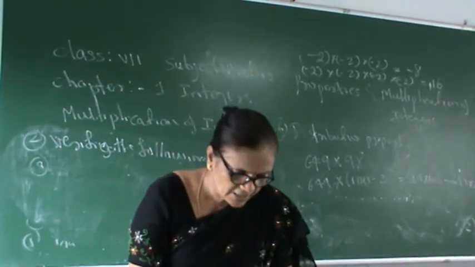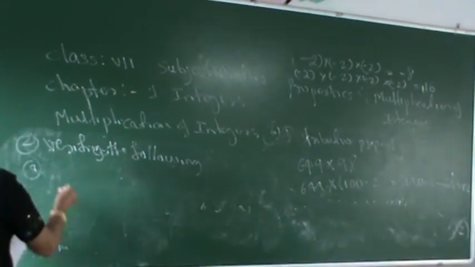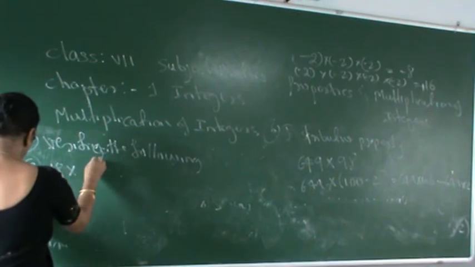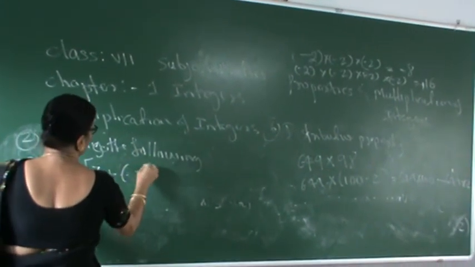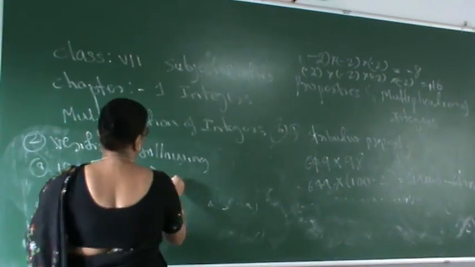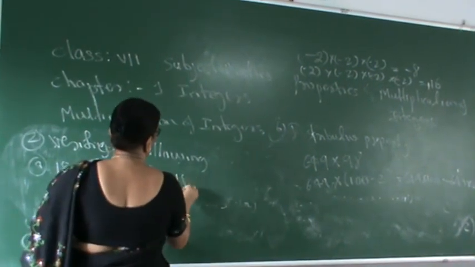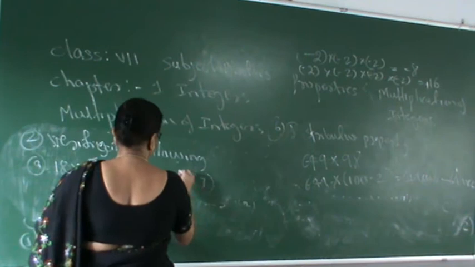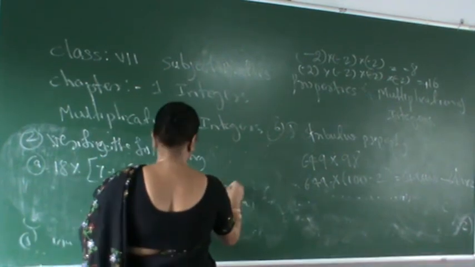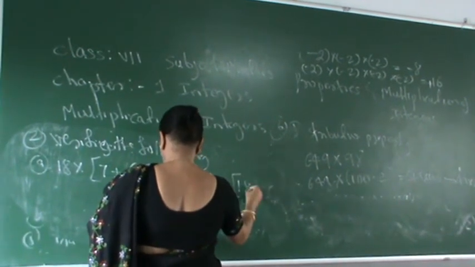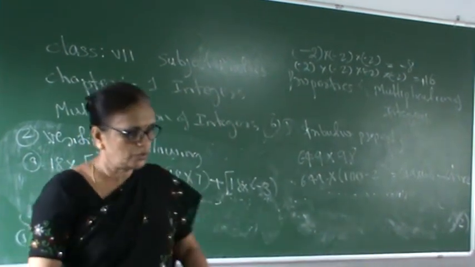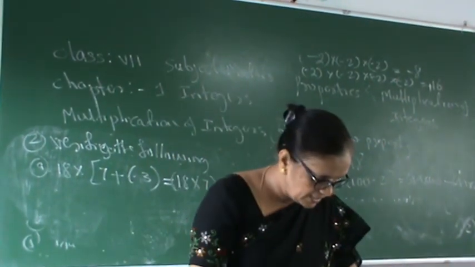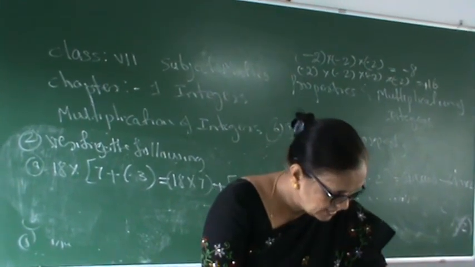What is LHS here? 18 into the bracket 7 plus minus 3 is equal to 18 into 7 plus 18 into minus 3. So we are using the property here that we are writing.